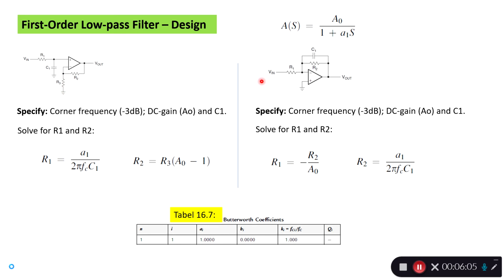For the inverting design, we can again specify the requirements, but here we have only 2 resistors, so we don't have to select one value.